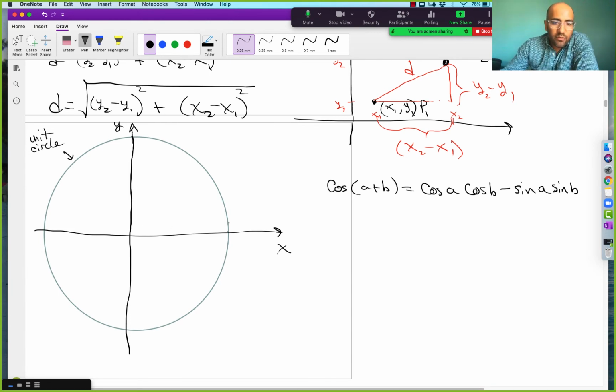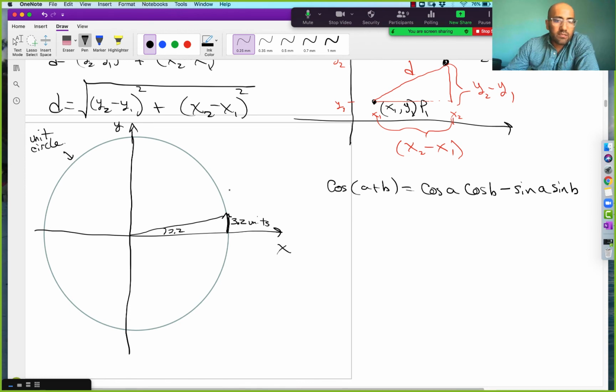So let's say I measure this little arc part here, take my ruler out, and it turns out to be 3.2 units, whatever that is, then that means that in radians, this angle here is 3.2 radians.